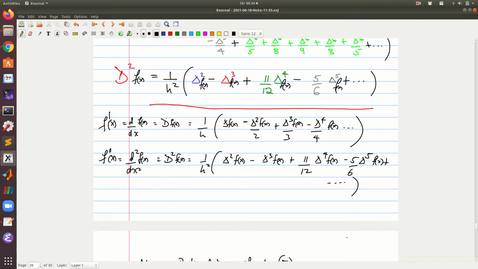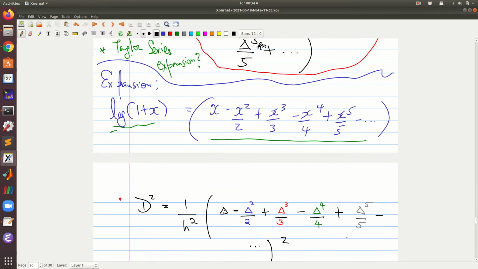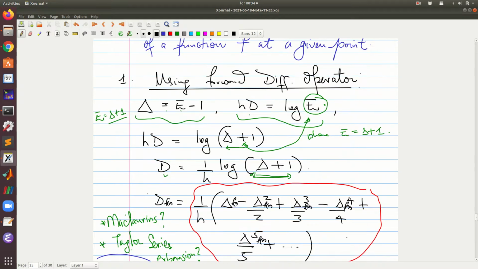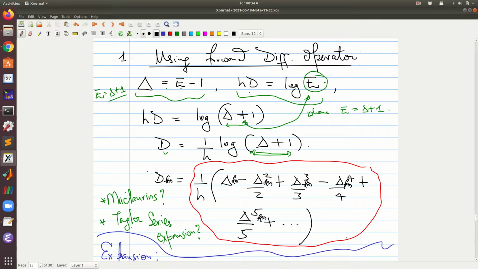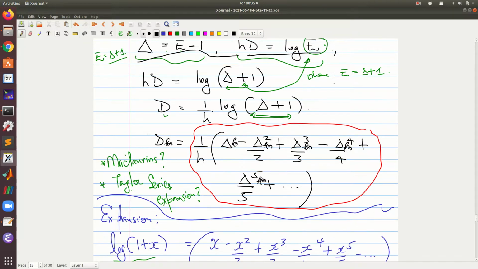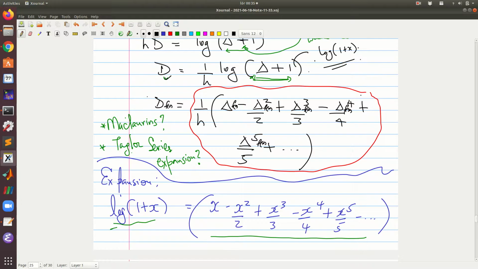Yeah, so that's all. What did we start with? We started with the expressions here, which we saw last time. Then we made the differential operator the subject. Then we used our knowledge of the expansion of log of 1 plus x from the Maclaurin or Taylor series.